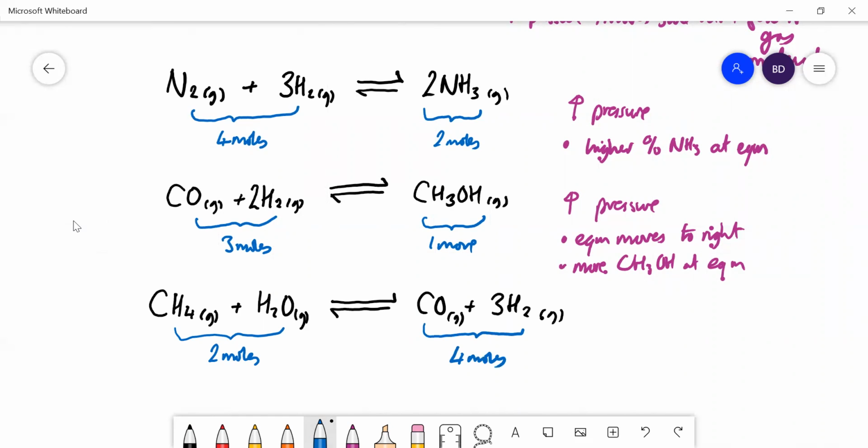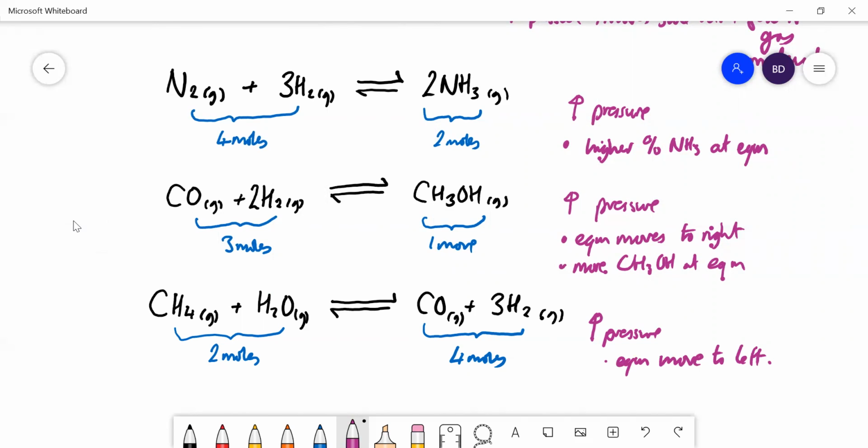So if you increase the pressure in this case, the equilibrium will move to the left. So if you wanted to get a lot of hydrogen, you wouldn't want the pressure to be too high, to favor the forward reaction.